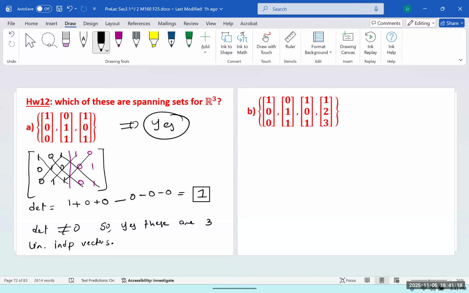Then the second question comes. Well, we know one of them is out, so we are left with 3 of them. Those 3, are they independent? So how many independent vectors do you have? If you have 3, then they still span. If you don't have 3, then they do not span. So how many independent vectors do we have in this set?